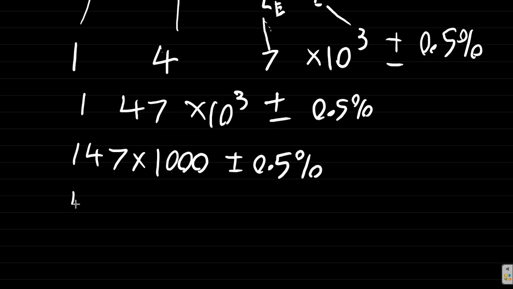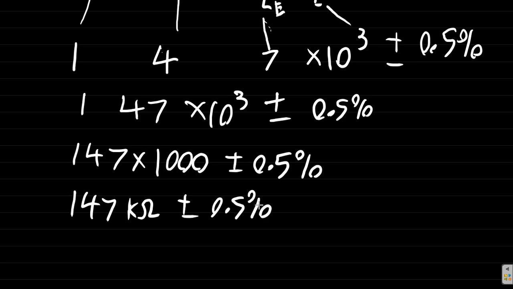So we have 147,000. But we have a number of zeros to deal with. So we shorten it. What is 147,000? It is 147 kilo. So it's 147 kilo ohm plus or minus 0.5%.